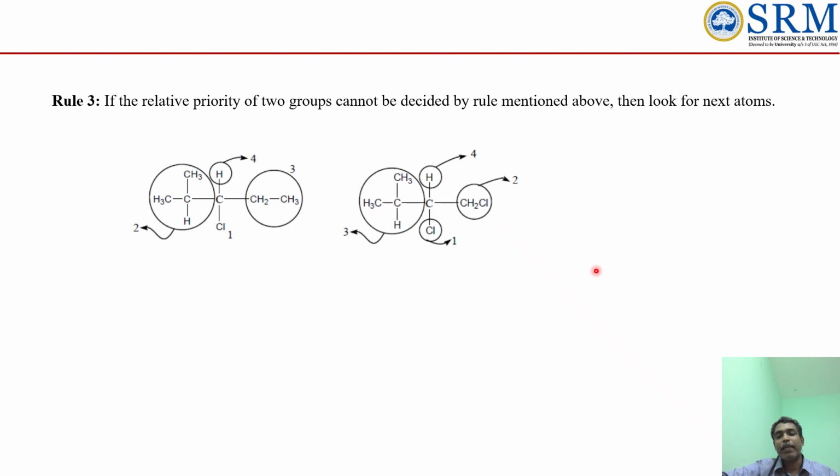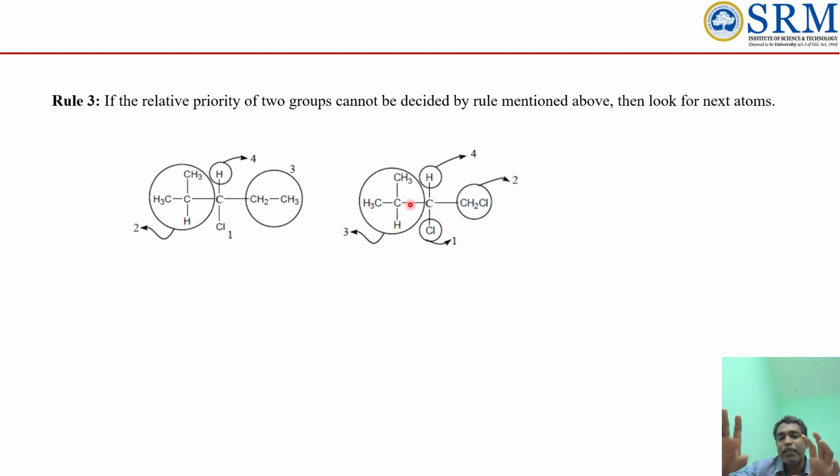In this particular case, now what is the difference between this example and this example? Now I have replaced the CH3 with the chlorine over here. So in this case, the chlorine takes the first priority, hydrogen takes the last priority. Between 2 and 3, this carbon is attached with this carbon, whereas on the left hand side also you have only carbon.